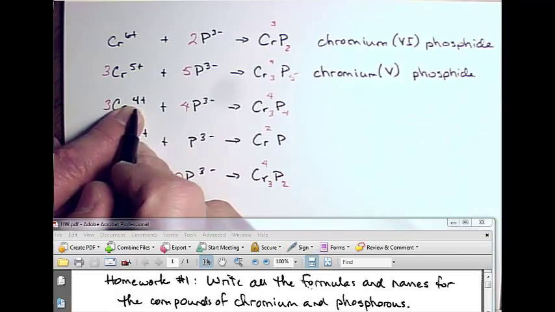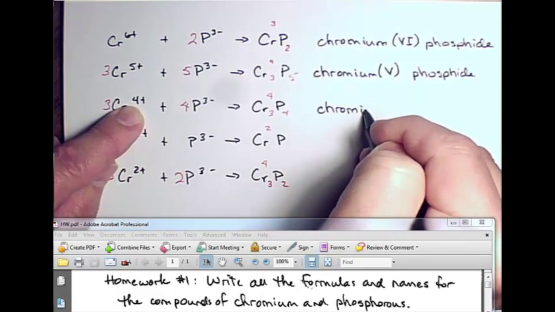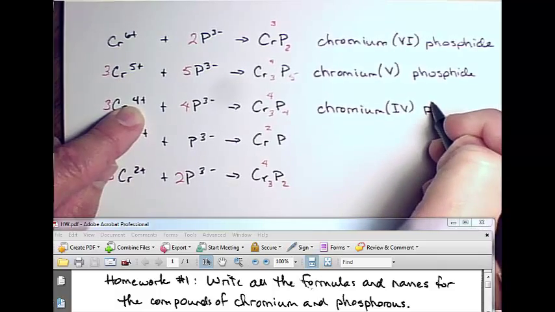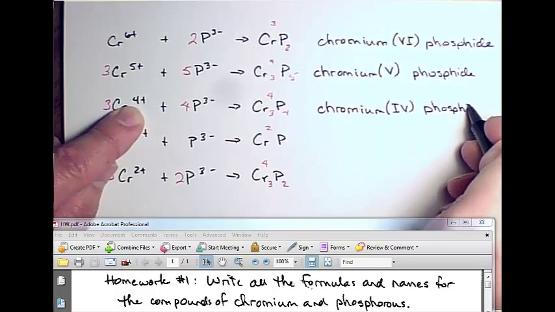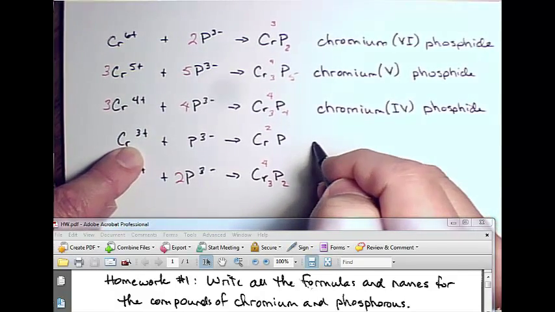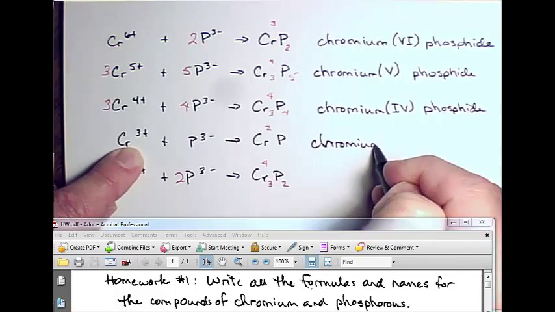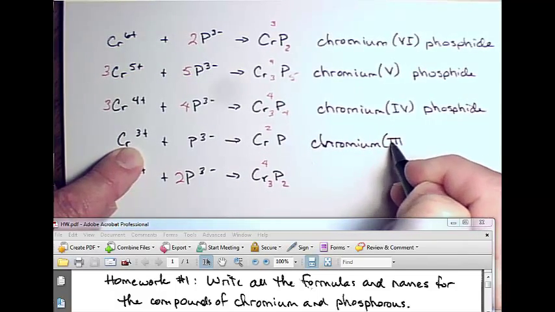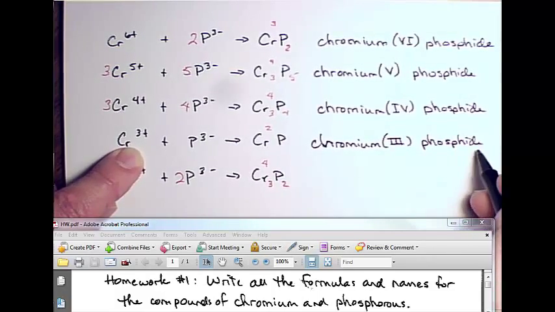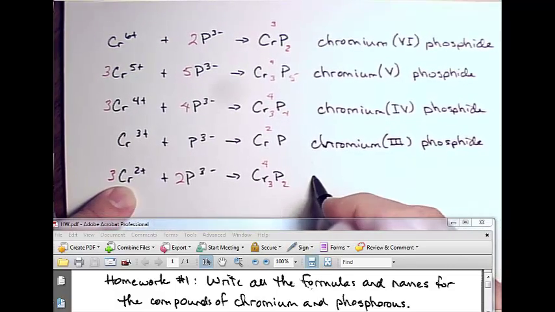Chromium(IV) because of the 4 plus charge. Chromium(III) because of the 3 plus charge here. And chromium(II).